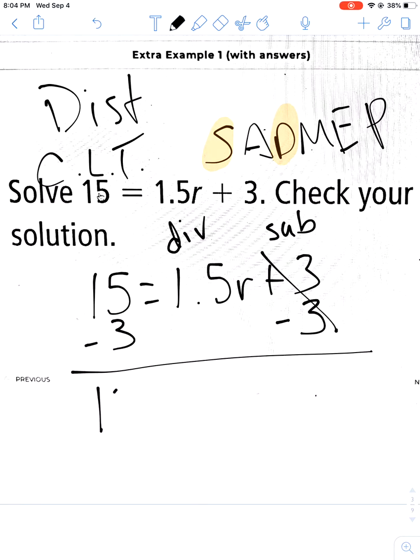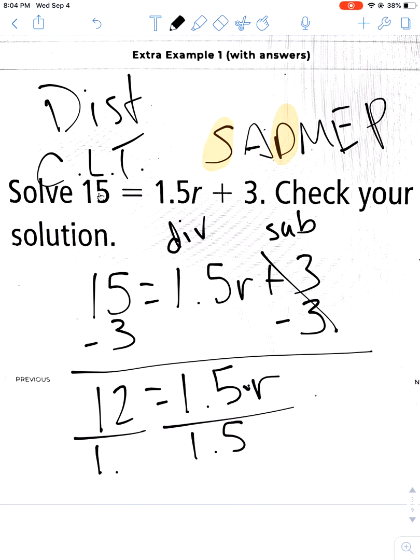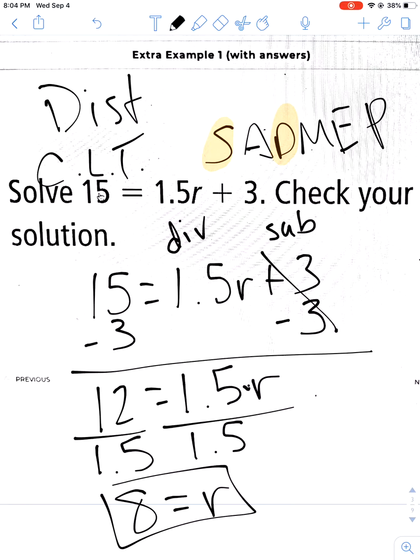15 minus 3 is 12. And let's see. That's multiplication right there. So I need to divide. So that is 8. So check out that math. We've got 1.5 on the outside, 12 on the inside.